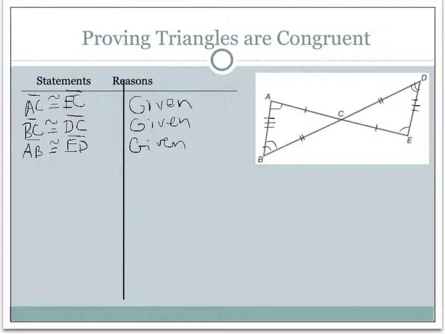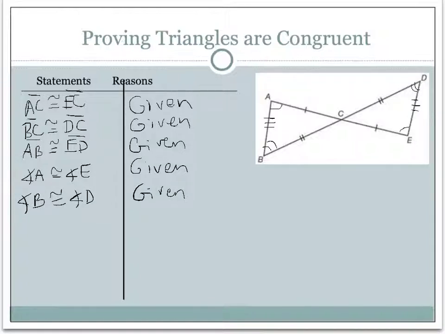It's also been given to me that angle A is congruent to angle E, and angle B is congruent to angle D, and that's all the pieces of given information I've gotten. I've taken care of that side, of this side, of my third side, so I have all three sides.